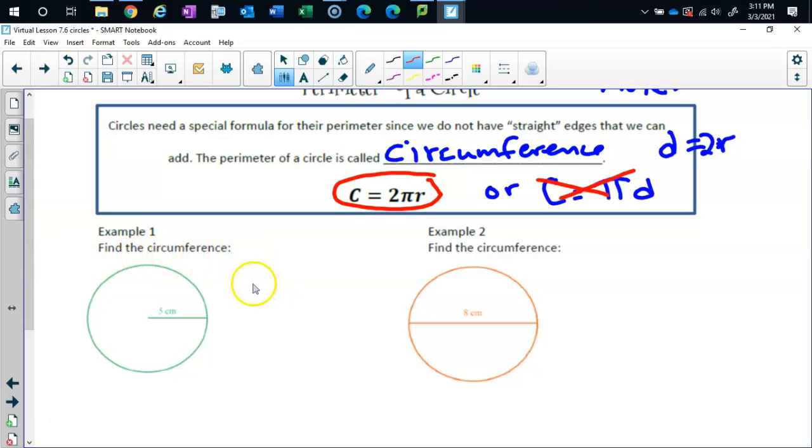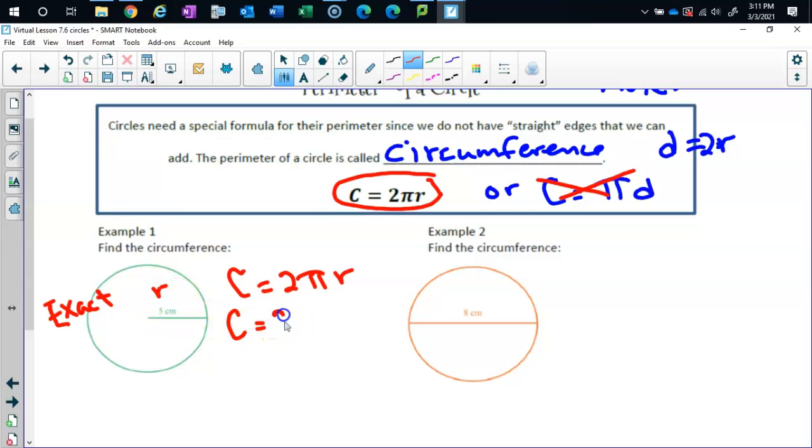Find the circumference. Well, we look at our formula sheet. Circumference formula is 2 pi r. And guys, we write our formula, we follow all the steps for circumference just like we did with area, okay? Because we can't add the sides up. So if I ask you to find the exact circumference, I'm going to do circumference equals, this is the radius, okay?